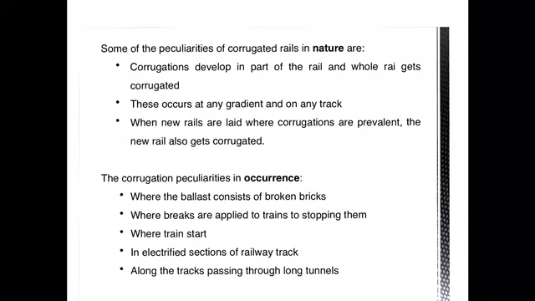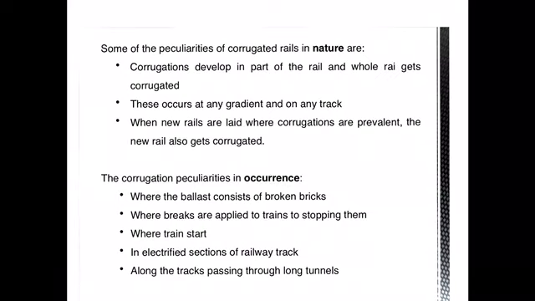The corrugation can occur on any part of the rail section, and if any one part of the rail section gets corrugated, the entire rail section gets corrugated. Also, the corrugation can occur at any gradient and on any track, so there are no restrictions on it. And when new rails are laid where corrugations are prevalent, the new rails are also found to get corrugated.